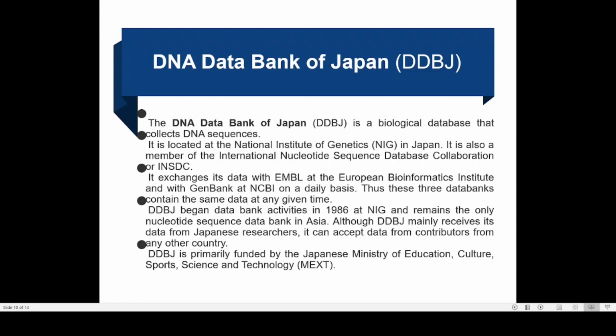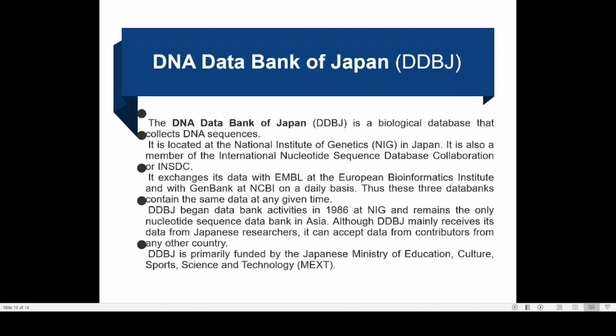Now if you want to submit some information, we have to follow a certain procedure, and we have to search analysis. If you want to search something, you can go this way.